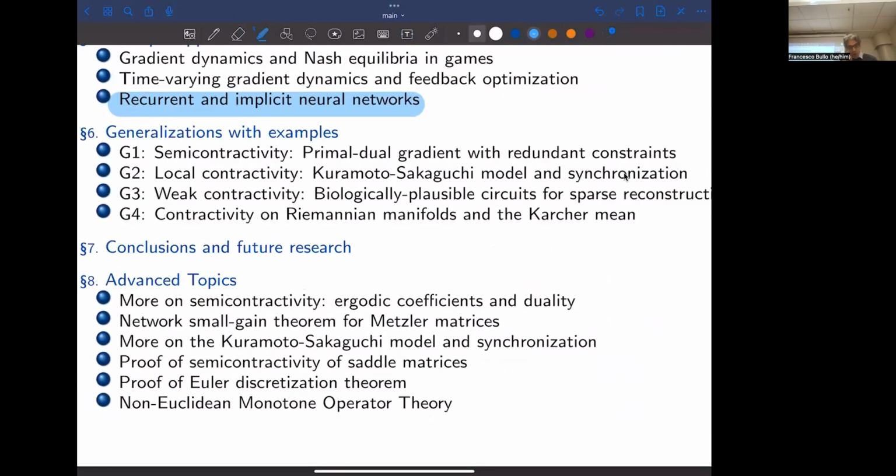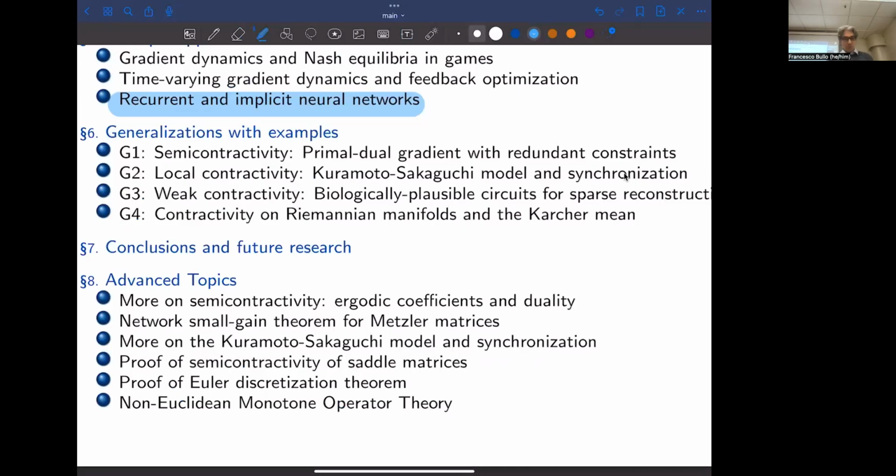Before the end of the mini course, I would like to spend a little bit of time discussing some generalizations, because as I have mentioned to you, as much as I love contraction theory on a vector space with respect to a norm, there are cases where that's not the right tool and you need to use something generalized. We've already encountered one such example.